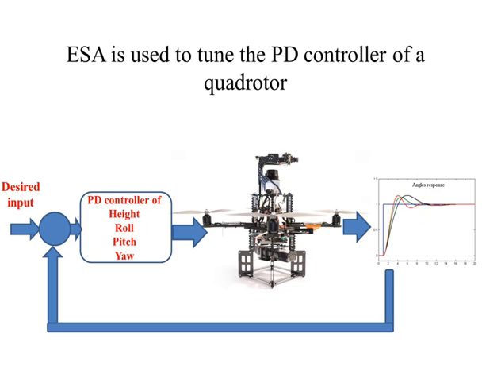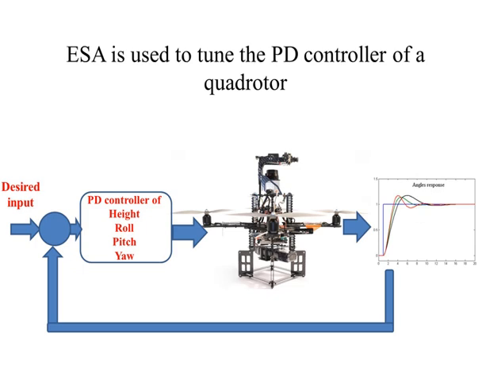ESA will be used to tune the PD controller of a quadrotor. The PD controller is a closed-loop controller that controls here the height, the roll, the pitch, and the yaw of a quadrotor. Each of these variables will have its own PD controller. The first PD controller is the one controlling the height or the altitude of the quadrotor.